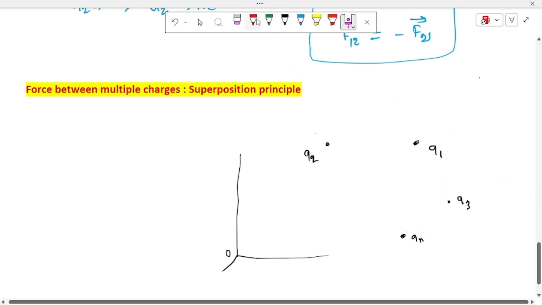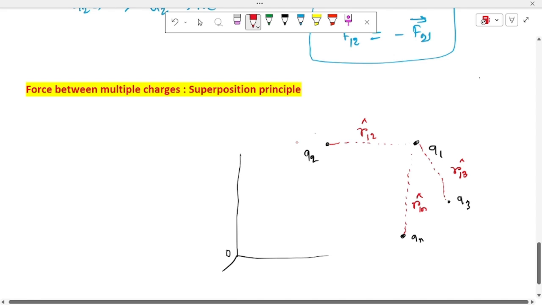So let us say the separation between these two charges q1 and q2 is r12 cap, the separation between q1 and q3 is r13 cap, and in the same way the separation between the charges q1 and qn is r1n cap.